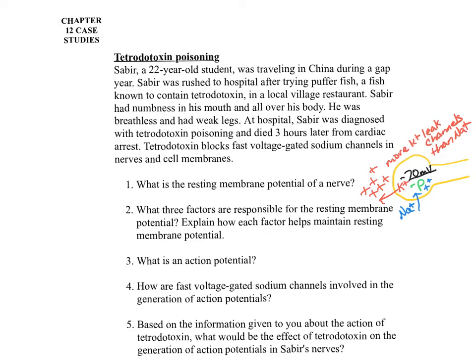What's an action potential? An action potential is when there's enough positive charges that enter into the neuron that the charge inside the cell hits negative 60 millivolts, which is threshold. And after that, the voltage-gated sodium channels open up on the axon and sodium pours into the axon, making that charge go up to positive 30 millivolts, at which time the potassium channels open.